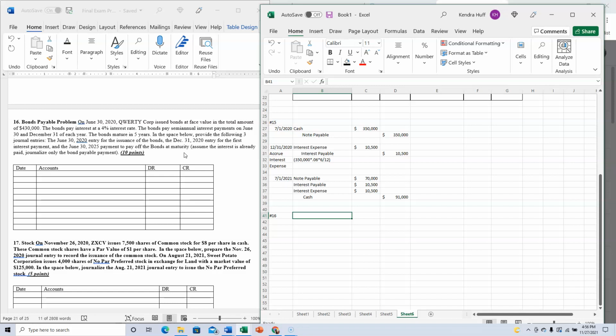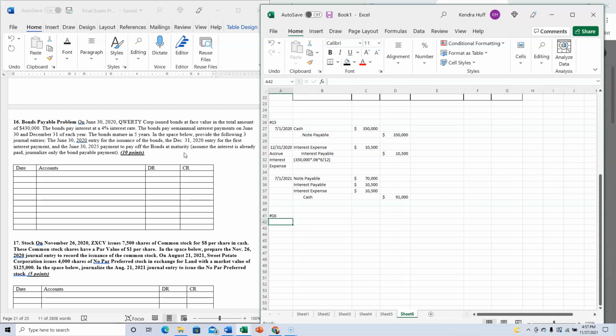Bonds mature in 5 years. In the space provided below, provide the following 3 journal entries. The June 30, 2020 entry for the issuance of the bonds, the December 31st, 2020 entry for the first interest payment, and the June 30th, 2025 payment to pay off the bond at maturity. Assume that the interest is already paid. Journalize only the bond payable payment.